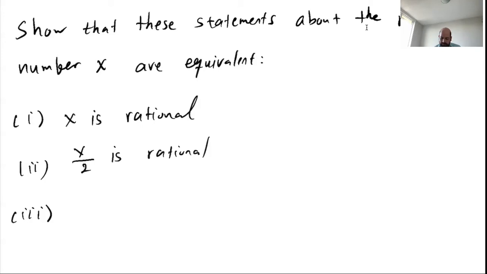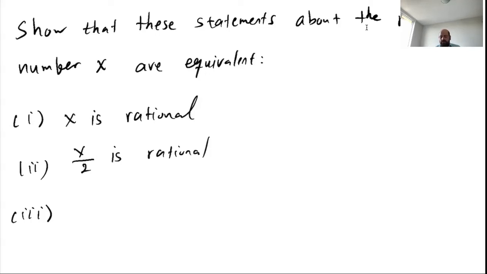Where a plus b and 3b are integers, right? Since a and b are integers, and 3b is not equal to 0. Again, since b is not equal to 0.